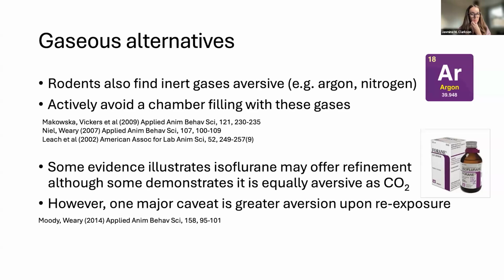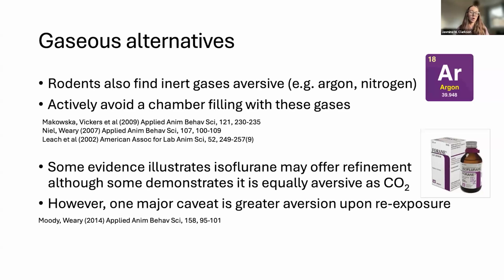In terms of an alternative gaseous compound, again, people often consider isoflurane, and there is some evidence to suggest that it does offer potential refinement, although also some evidence demonstrates that it's equally as aversive. However, one major limitation of its potential is that rodents often show greater aversion to isoflurane if they've had previous experience of it.